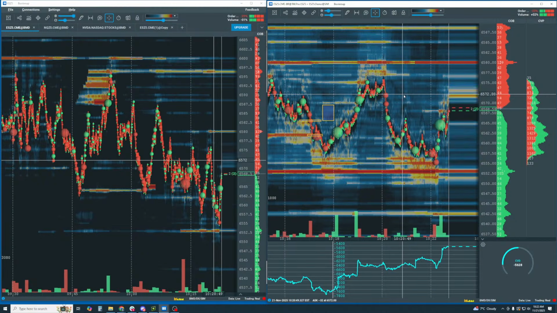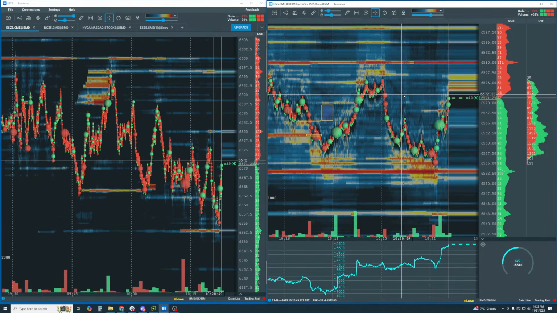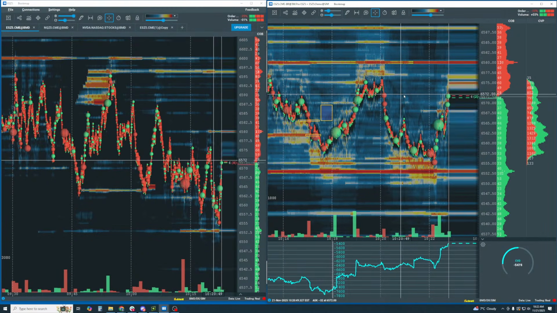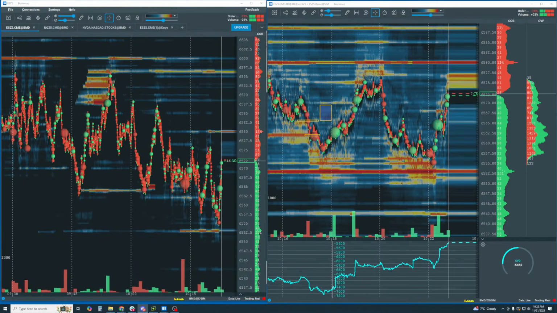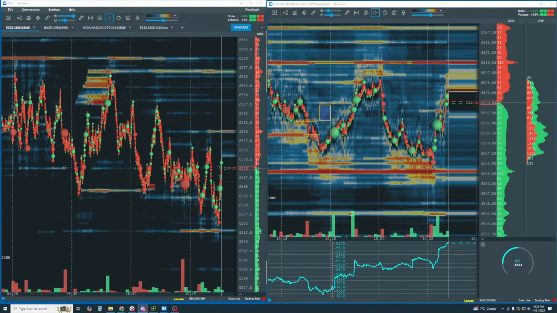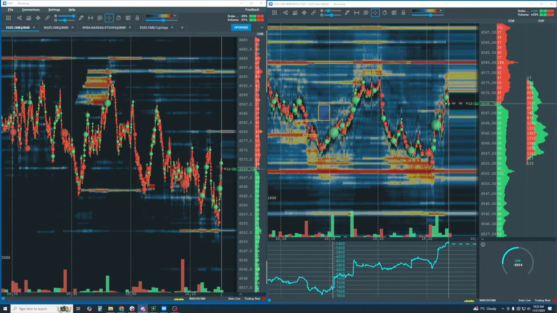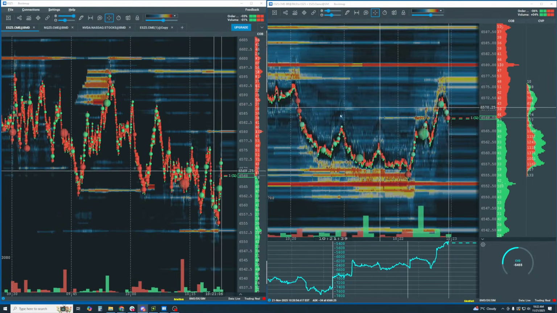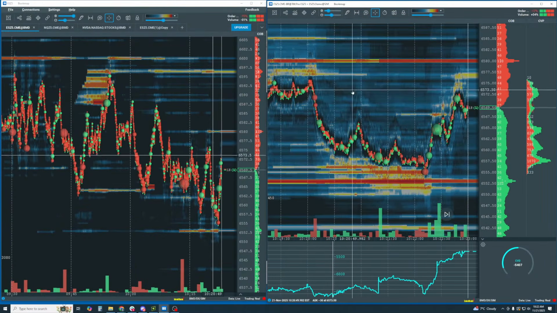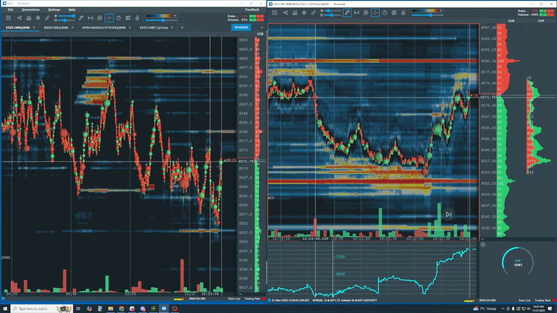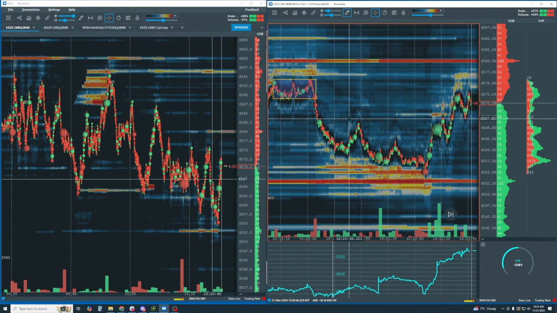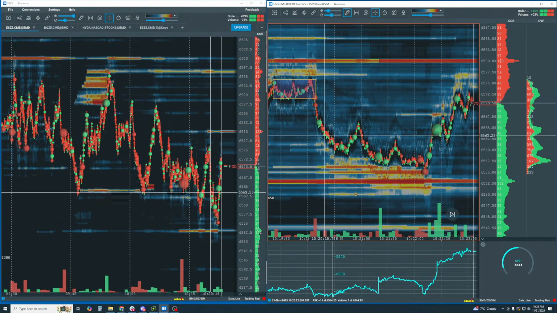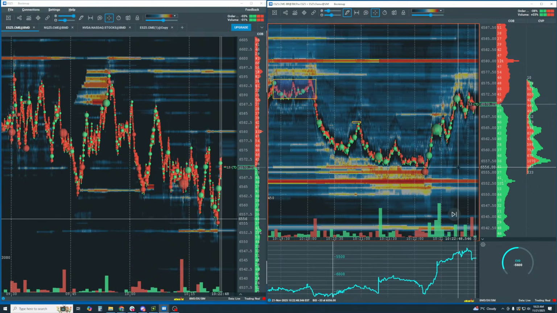I hope I'm not confusing, or others in here looking into this setup. I hope this isn't confusing for you guys. What I'm doing is breaking it down into a more fractal environment, and saying this is your structure, this is your break of your structure, and this is your pullback here.